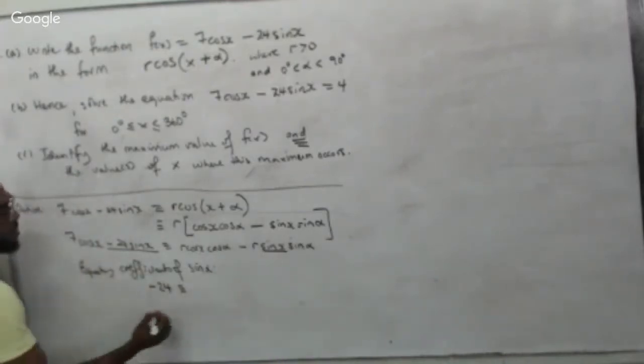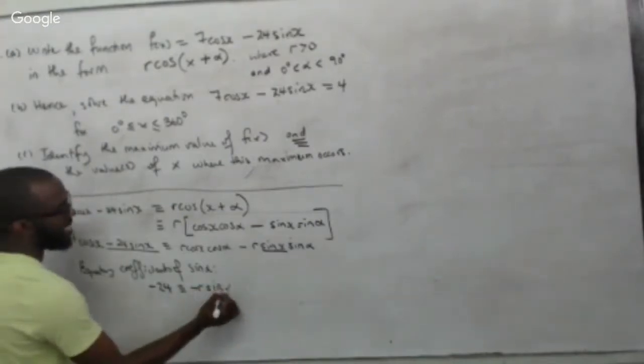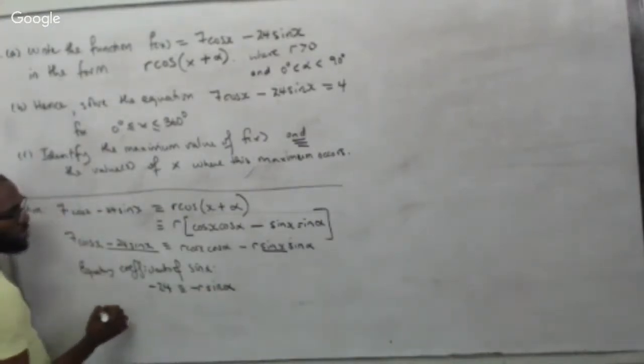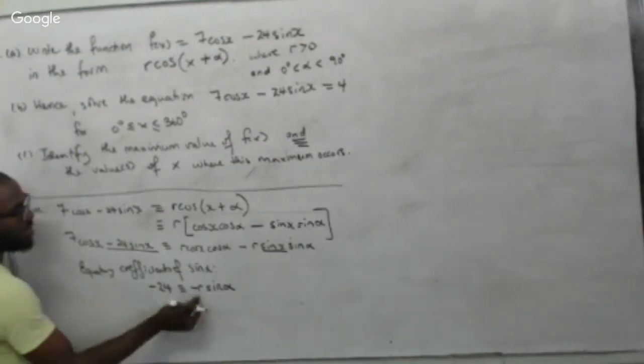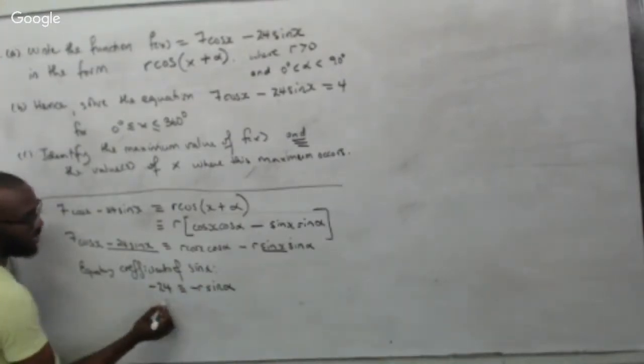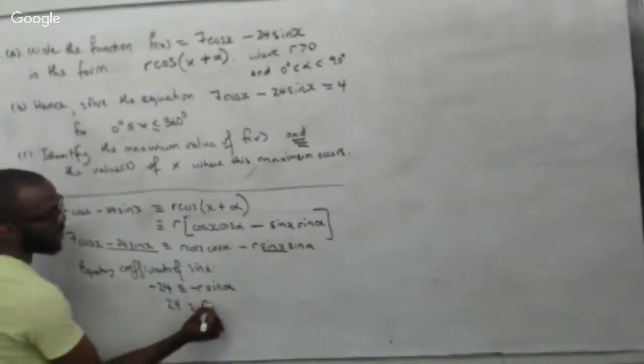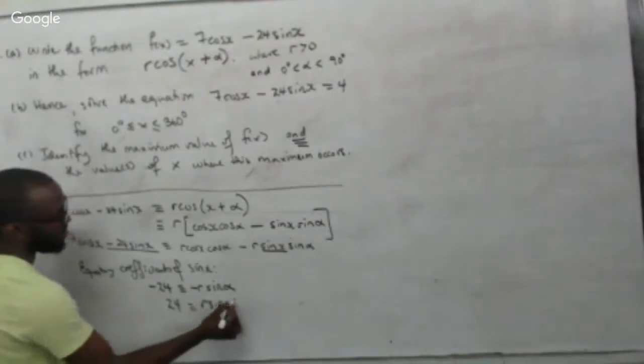Minus R sine alpha. Minus divided by minus is positive, or multiply the entire equation by minus 1. I would get positive 24 equal to positive R sine alpha.